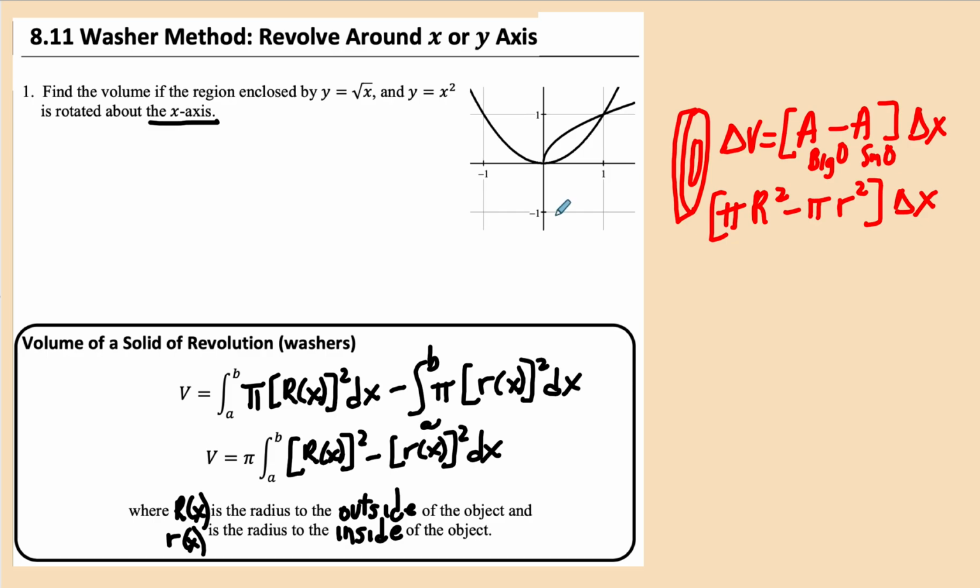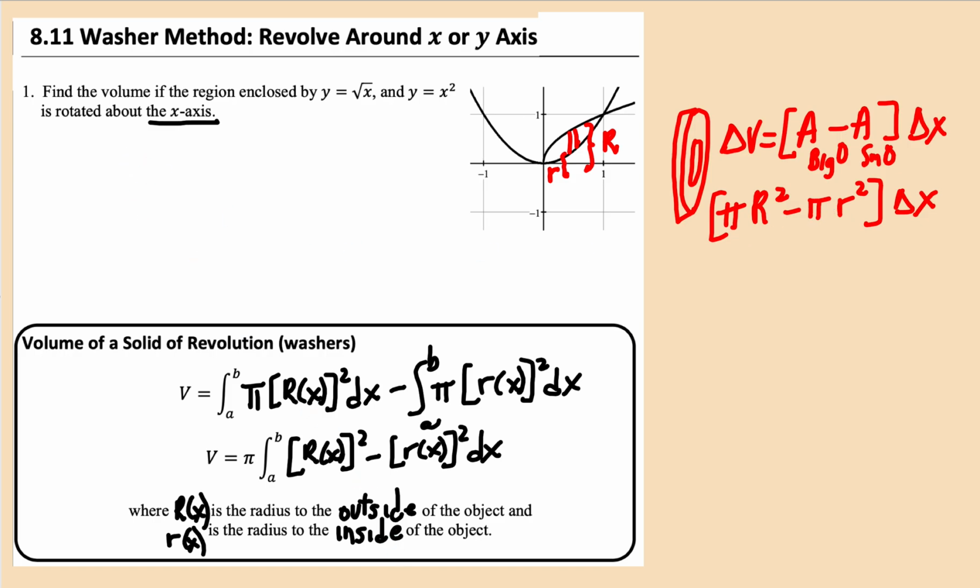Let me go ahead and draw this. So let me go to red. All right, and so this will be my big radius, capital R, and then from the radius to the lower curve, I'm going to call that little r. So that's what the big R and the little r are going to be.